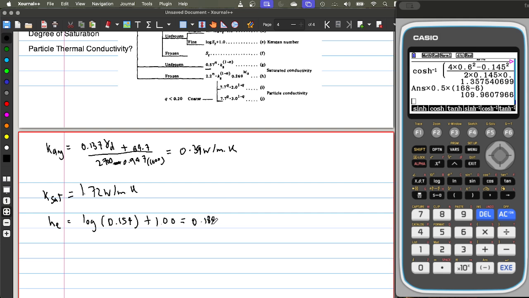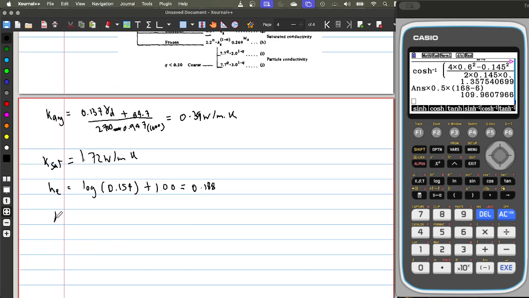Okay, now that's out of the way, we can calculate our K. Our K would be K sat minus K dry, multiplied by KE of 0.188, plus 0.39, and we get an answer around 0.64 watts per meter Kelvin.